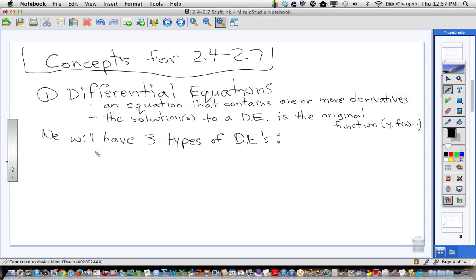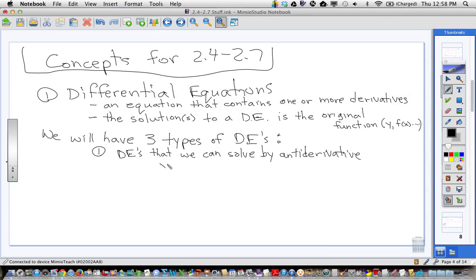The first type would be DEs that we can solve by antiderivative. These would be the simplest ones, like what we just did.